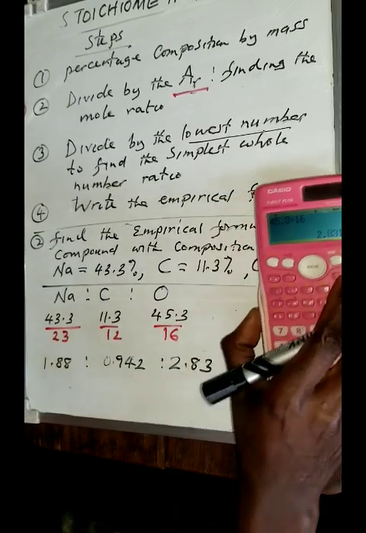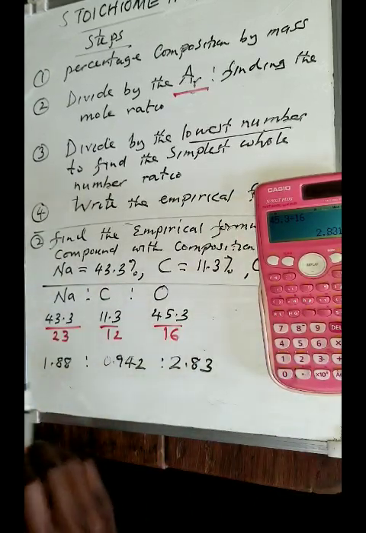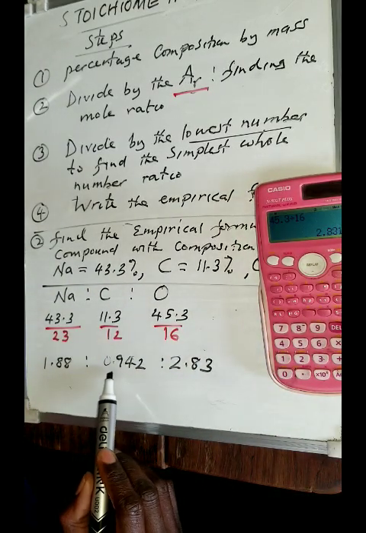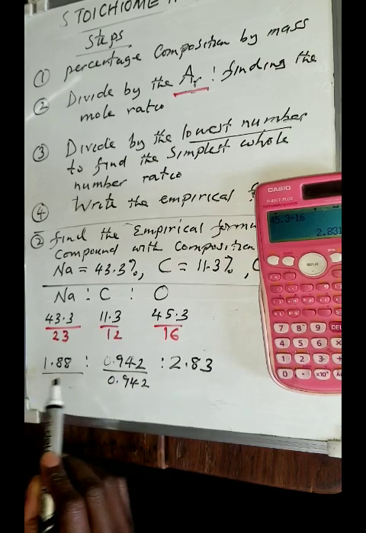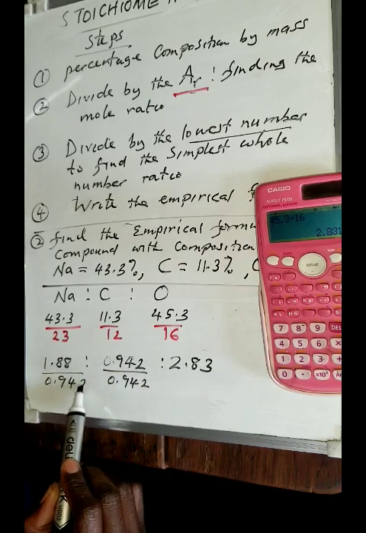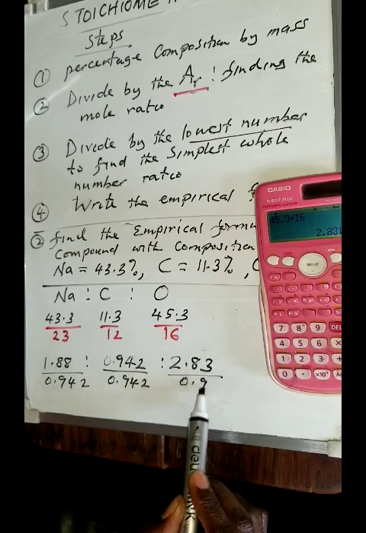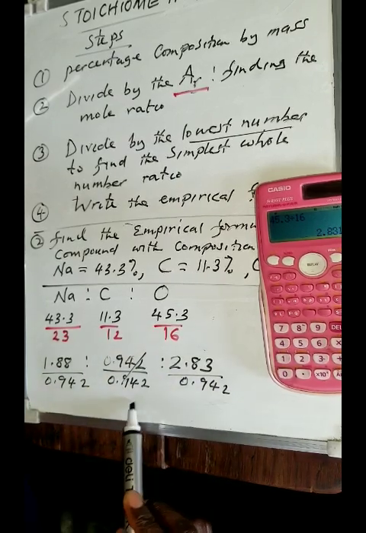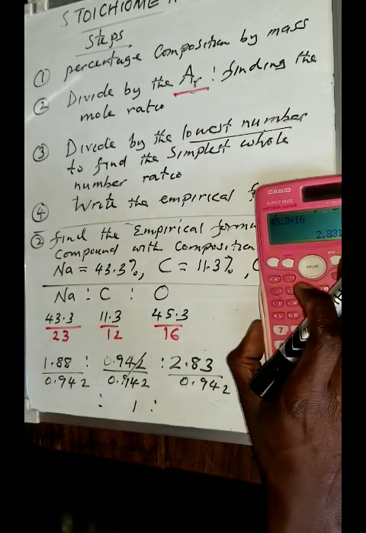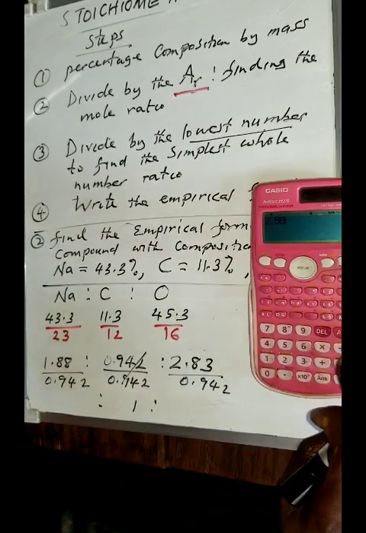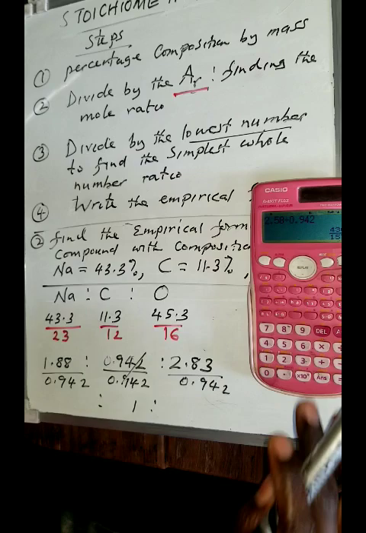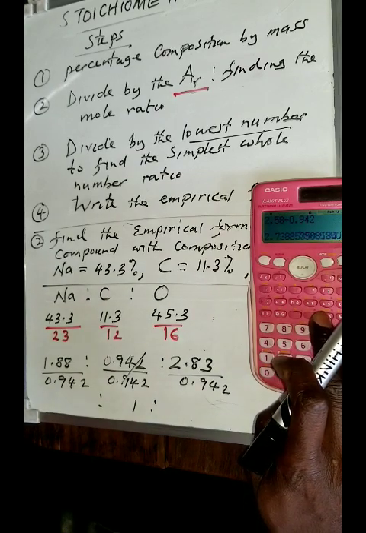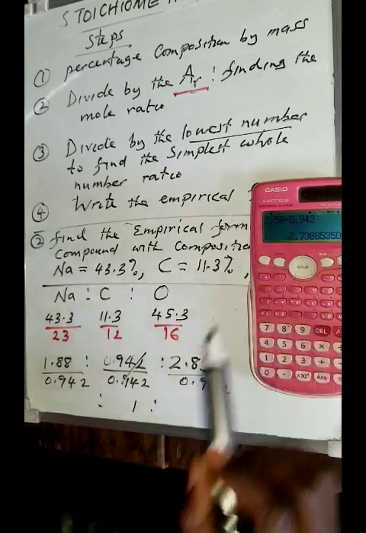Right? Then what we can do is divide by the lowest. Of course, the lowest is 0.942. So I'll divide throughout by 0.942. 2.83 divided by 0.942, if you look at it, you can just round it off.